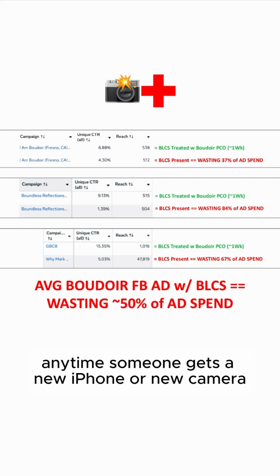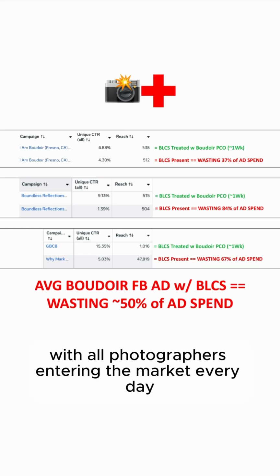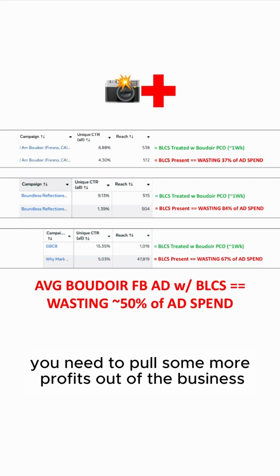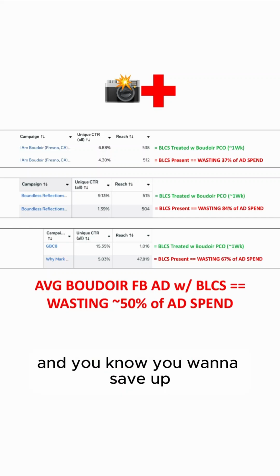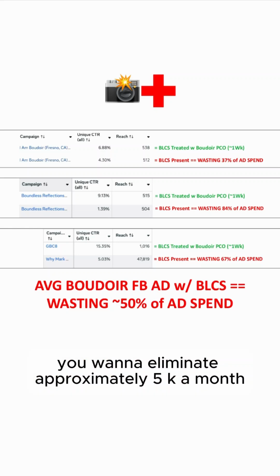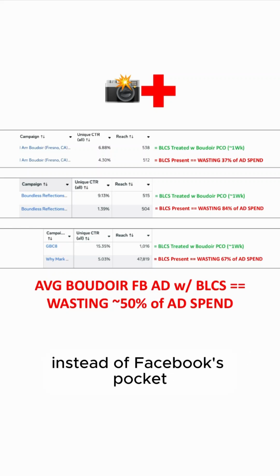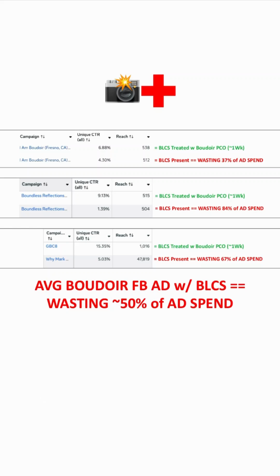Anytime someone gets a new iPhone or new camera, there are new Google My Business profiles popping up. More boudoir photographers are entering the market every day, and there's more inflation in life. So you need to pull some more profits out of the business, and you want to eliminate approximately 5K a month in wasted ad spend, and put that back in your pocket instead of Facebook's pocket, where it's being wasted. 60K over the next 12 months approximately.